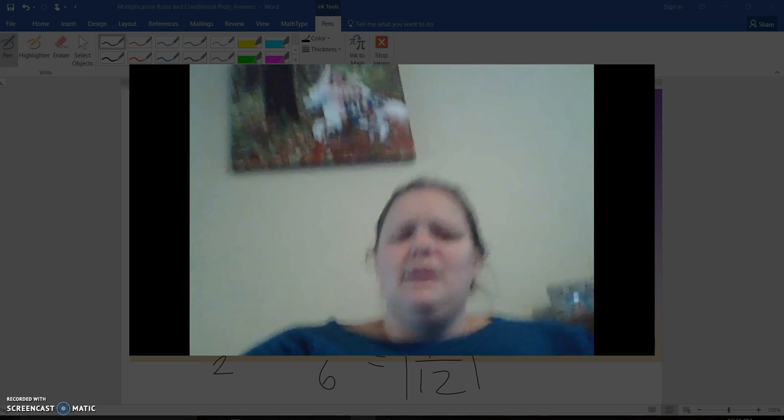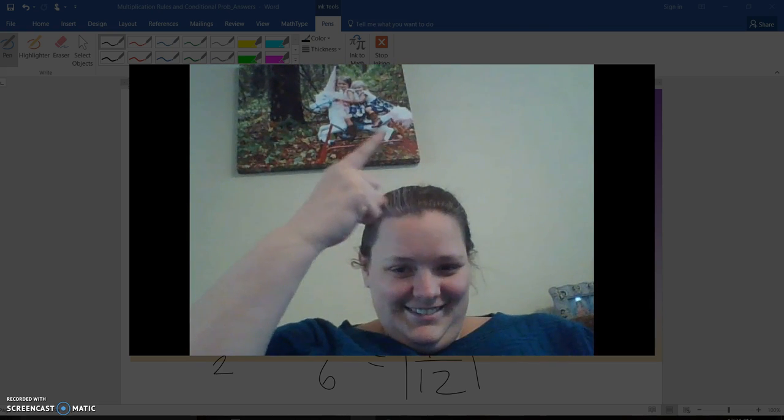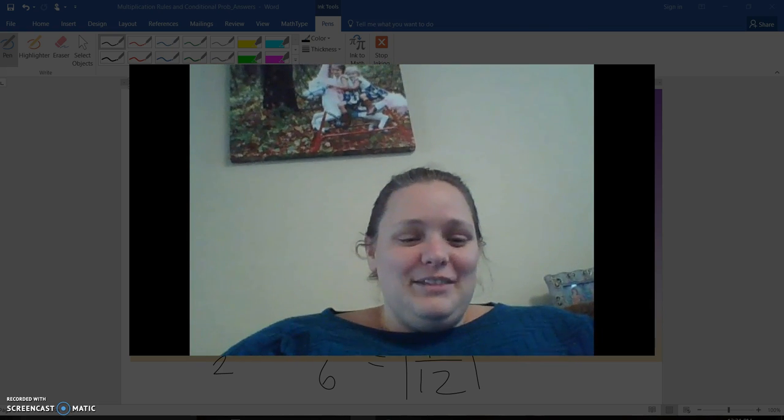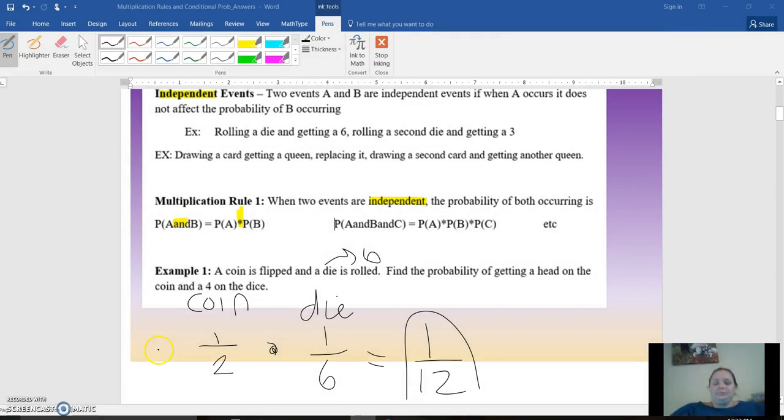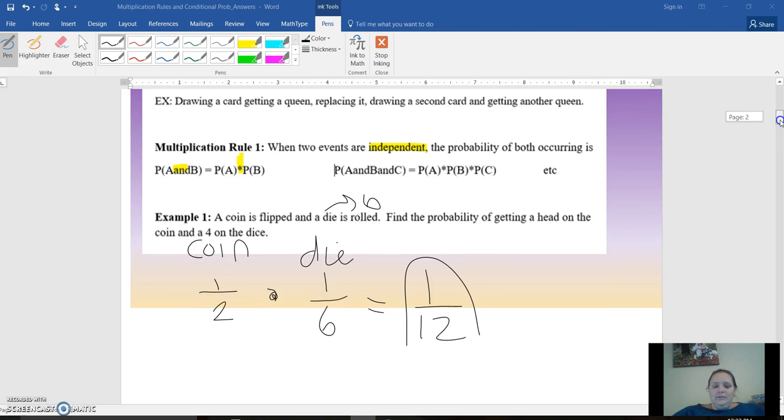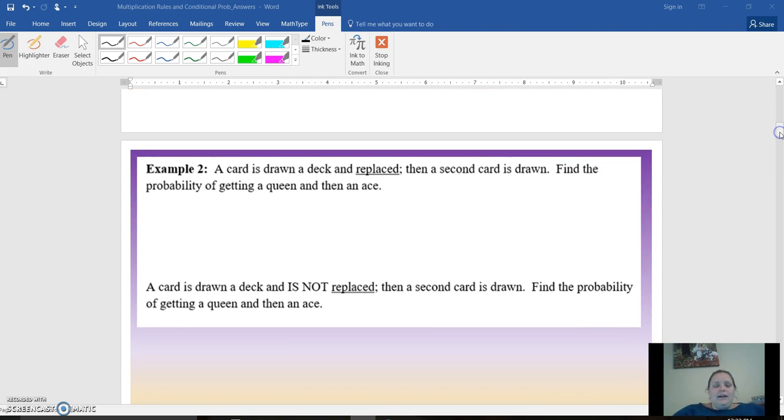That was simple numbers, but we're going to get to ones that are more complicated, and so you may want to use your calculator. All right. So if it's replaced, that's independent. If it's not replaced, then they are dependent on each other.